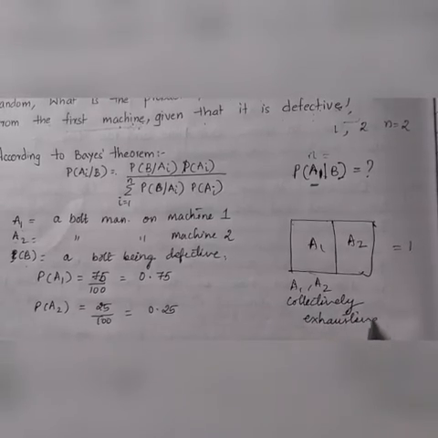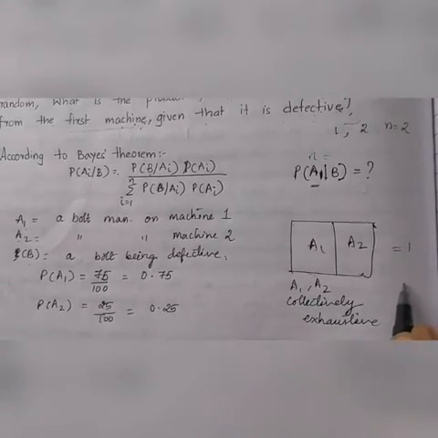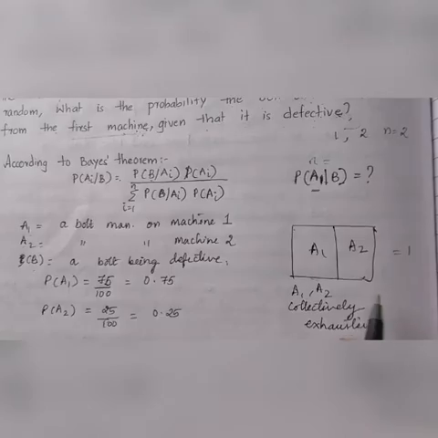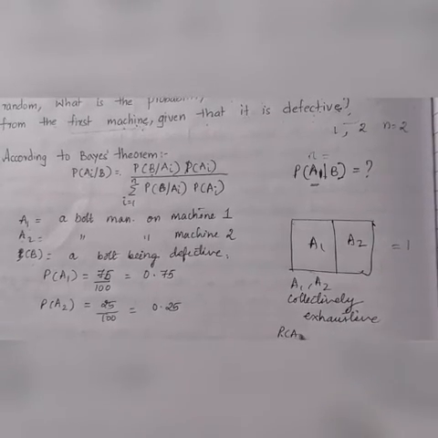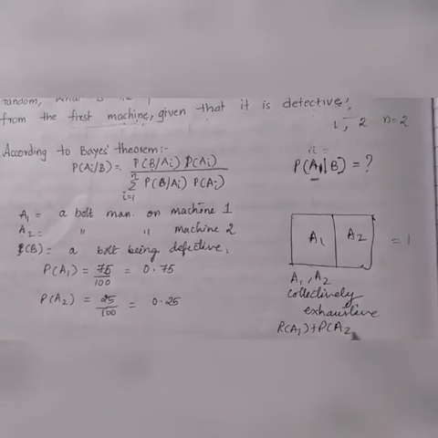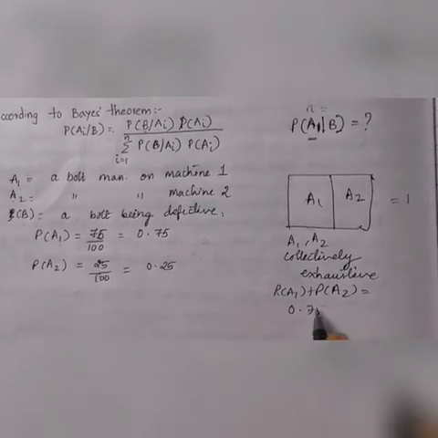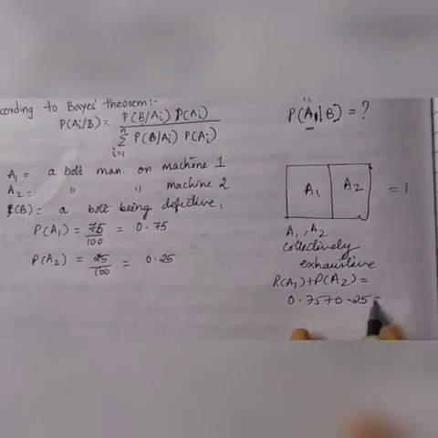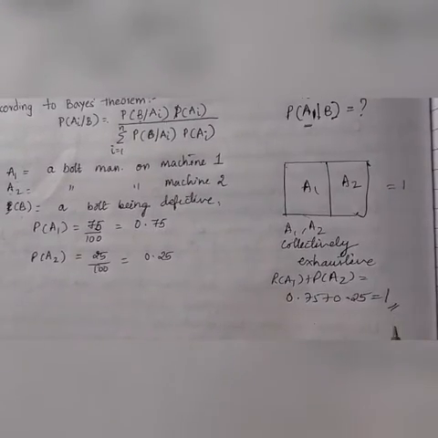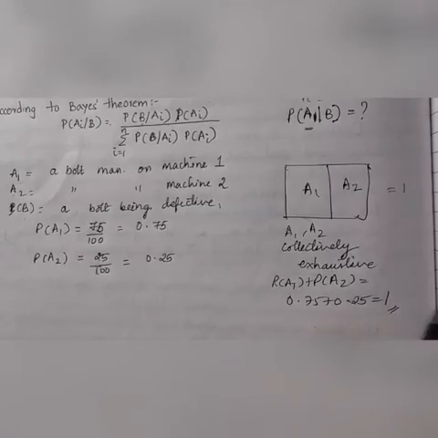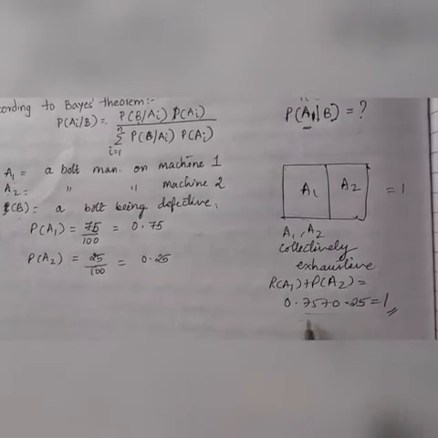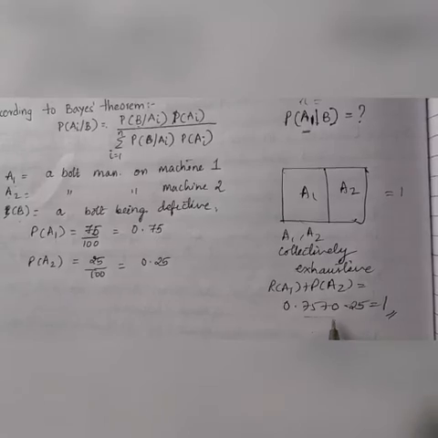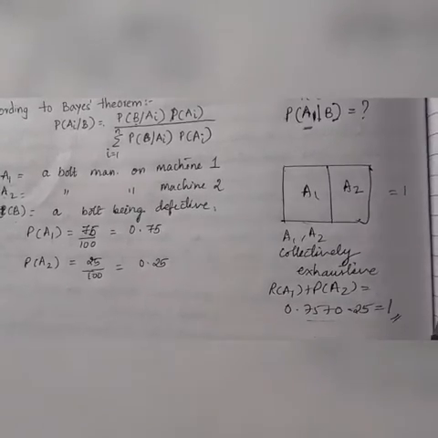So let us see if the probabilities add up to 1, the total sample space, that is P of A1 plus P of A2. Is it equal to 1 or not? 0.75 plus 0.25 is equal to 1. This is okay, so the first assumption is satisfied. This is one thing that you have to check when you are doing Bayes theorem.